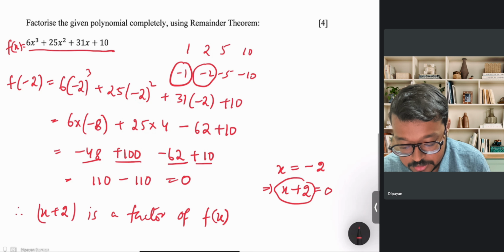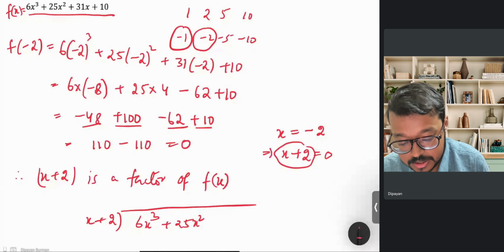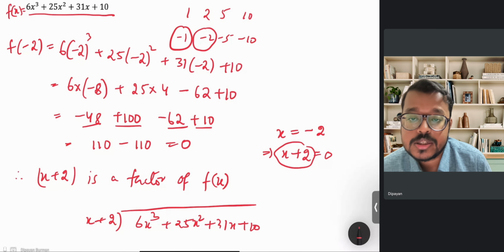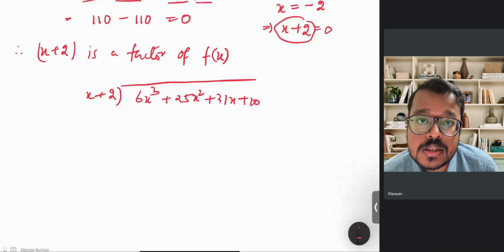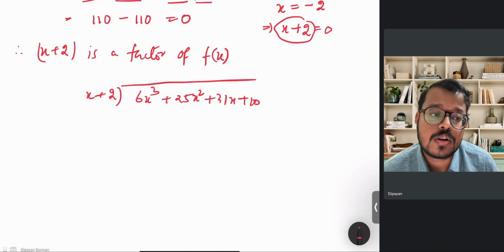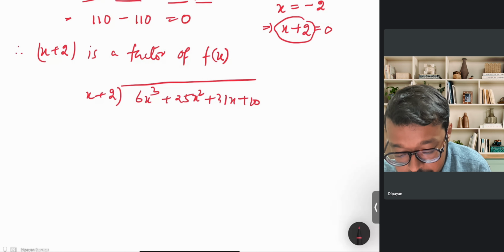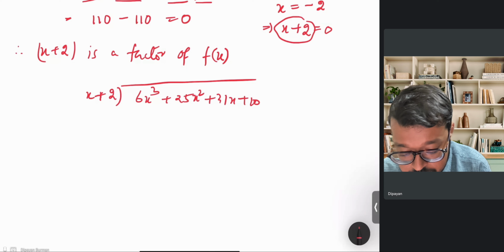So x plus 2 divided into 6x cube plus 25x square plus 31x plus 10. So doing this division, I will expect my quotient to be a quadratic polynomial, and that is another factor of this cubic polynomial, and then I can again split the middle term. So let's do the long division.